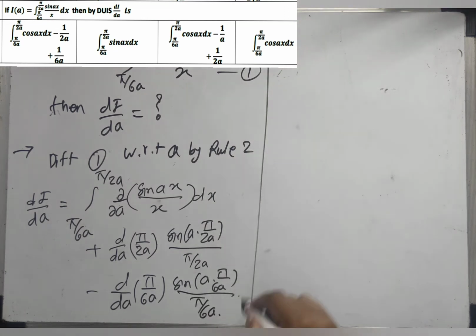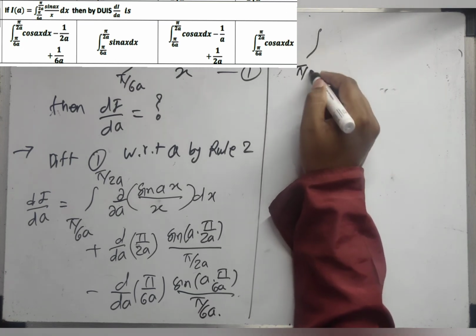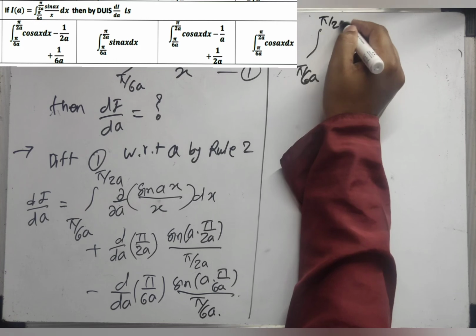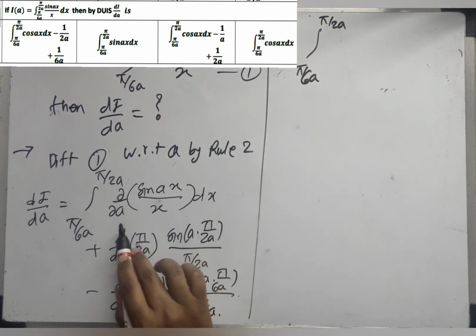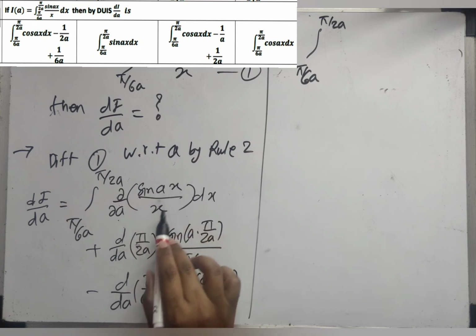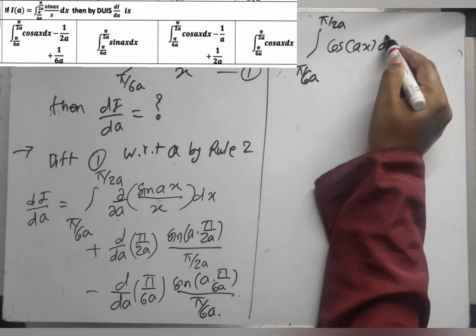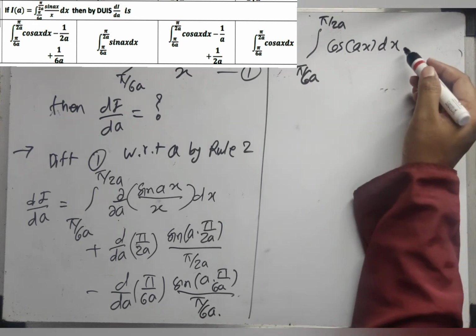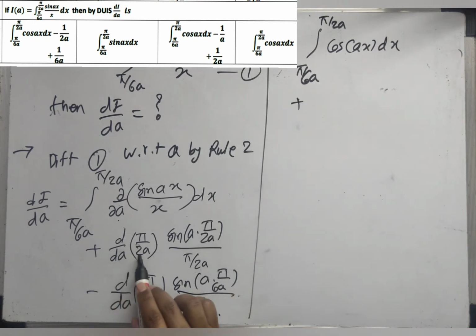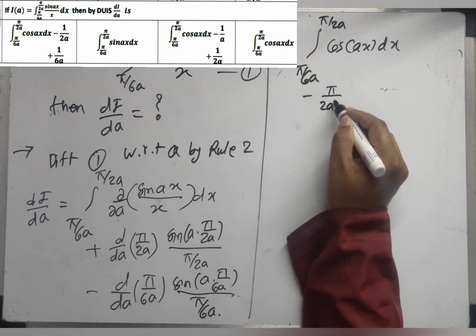Now just simplify this. So that is equal to integration from pi by 6A to pi by 2A of del by del A, derivative with respect to A of sin(ax), derivative will be cos(ax) into x, so that x cancels, what remains is only cos(ax) dx, plus this derivative: pi by 2A, pi by 2 constant, and 1 upon A derivative is minus 1 upon A square, so it is minus pi by 2A square.